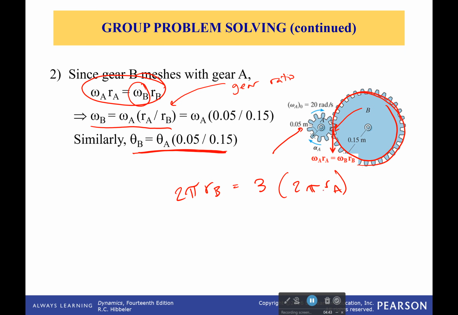So if you think about this, when I have rotated a full circle of RA, how far has it gone? Well, it's gone a distance of 2 pi RA, which is simply 2 pi RB over 3. It's only gone a third of the distance, so it's only turned a third as much. So this one turns 360 degrees, this one turns 120. So that's kind of where this is coming from.